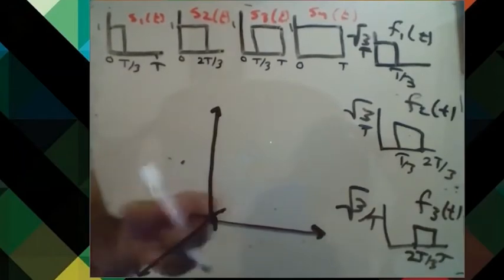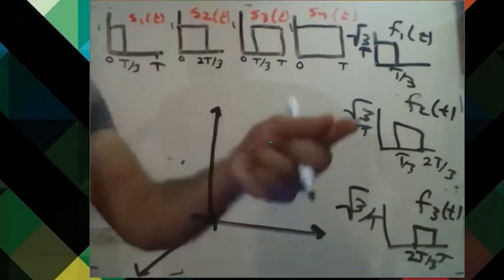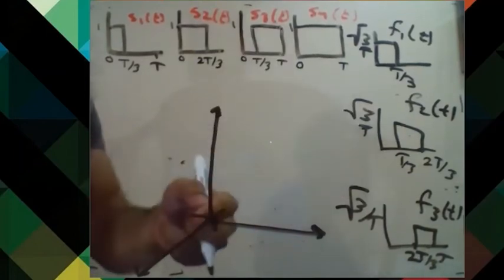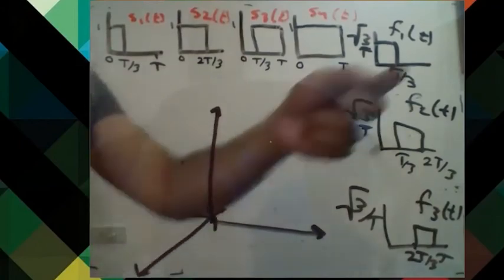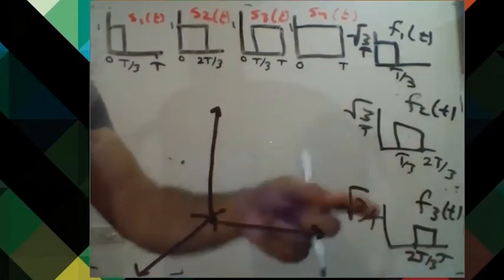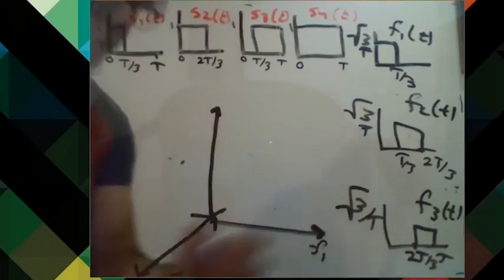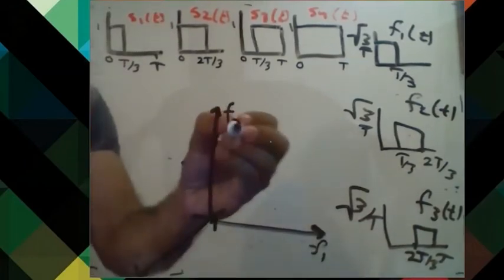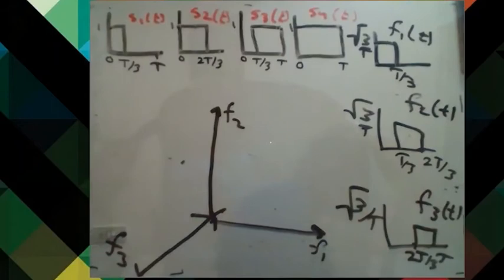So this is a 3D vector space, because now I'm converting signals into vectors. I've drawn a 3D shape, 3 dimensions, because I have 3 orthogonal functions over here. You can say this axis represents f1, this axis represents f2, and this axis represents f3. So this is our standing right now.